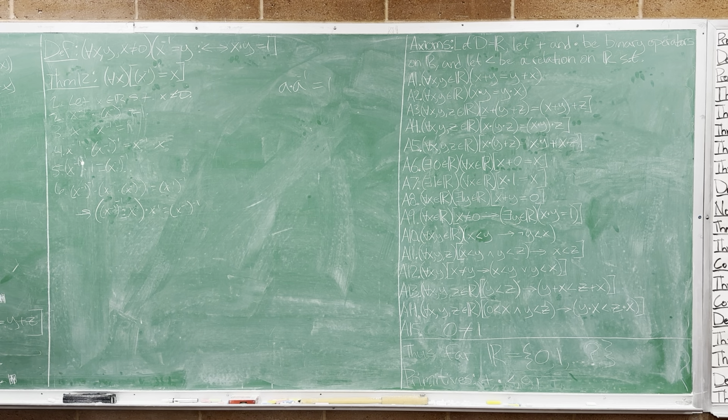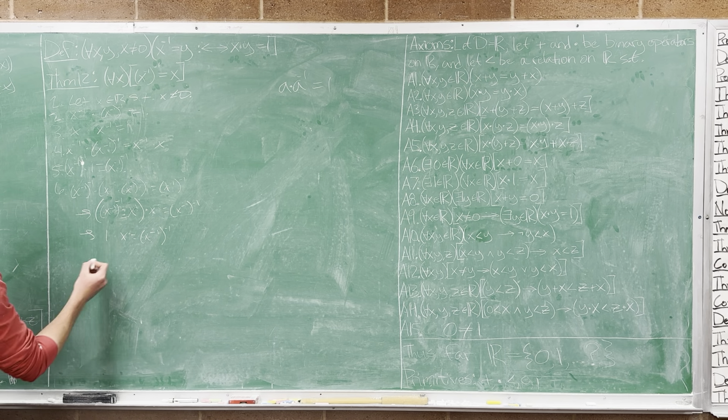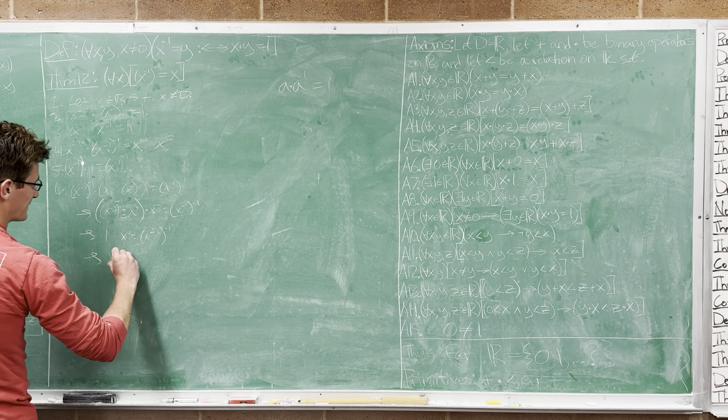So much for rigor. And this is equal to, you group together the... Oh, I grouped together the wrong things. That's what I meant to do. Then we have 1 times x equal to. I know I'm skipping some steps, but I think you guys can follow me. You get the idea. Alright, it's left as an exercise.